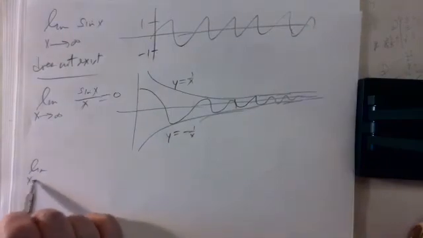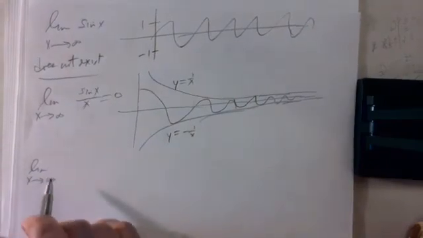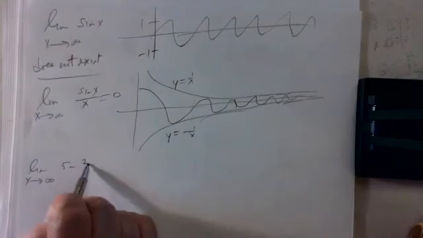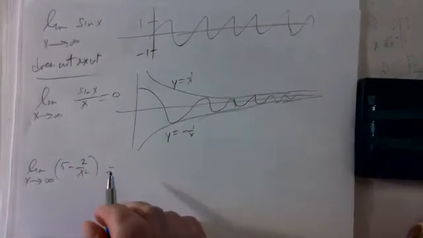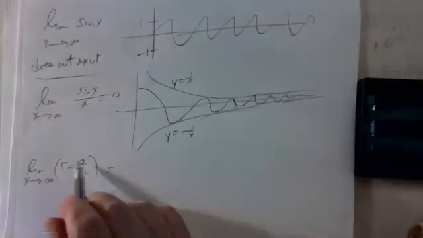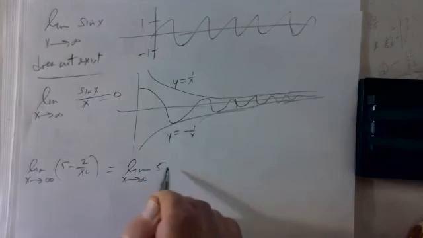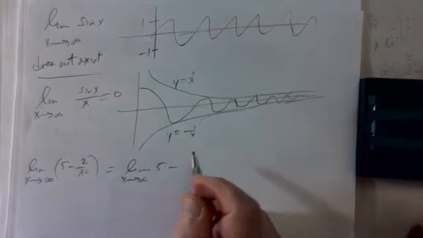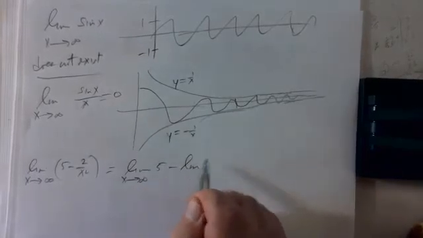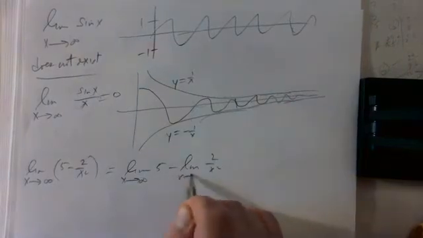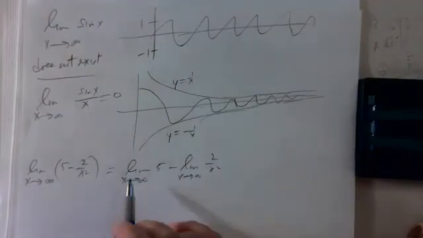What is the limit as x goes to infinity of 5 minus 2 over x squared? Well, the limit as x goes to infinity of 5, and the limit of 2 over x squared as x goes to infinity, both exist.